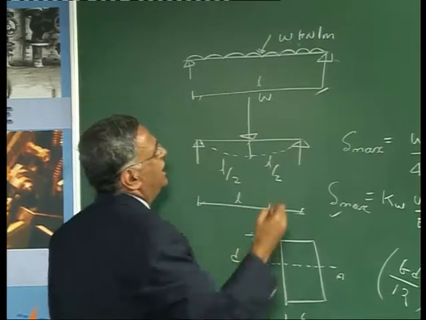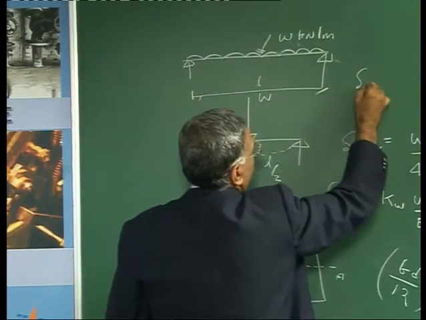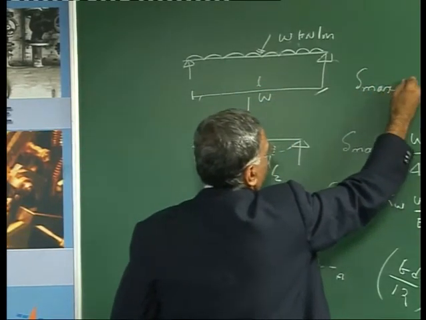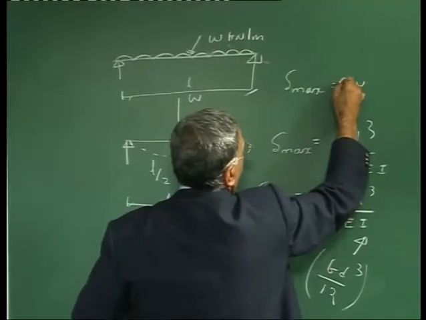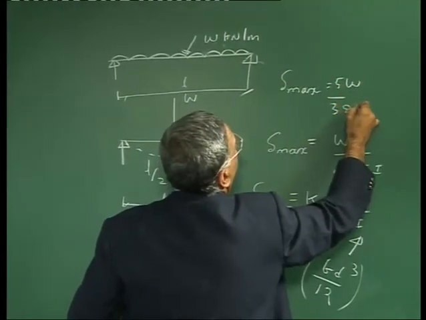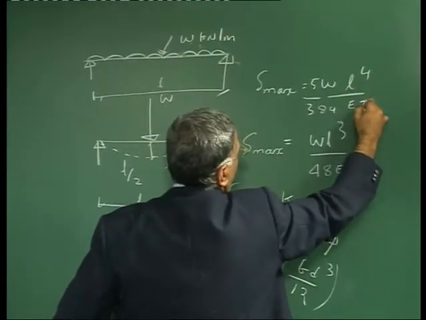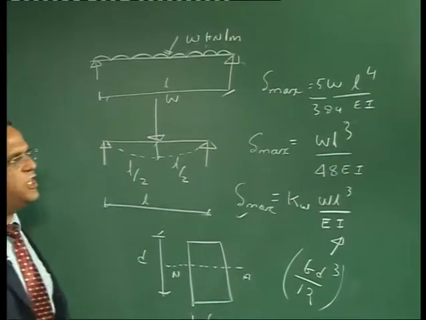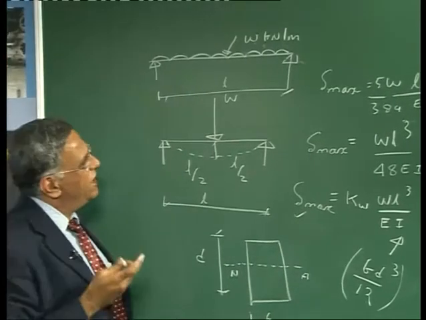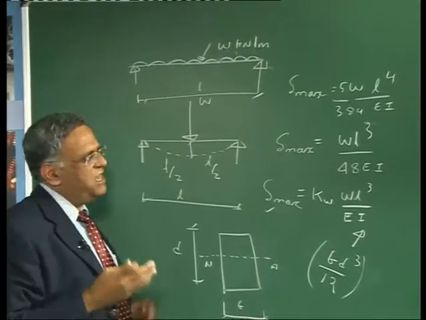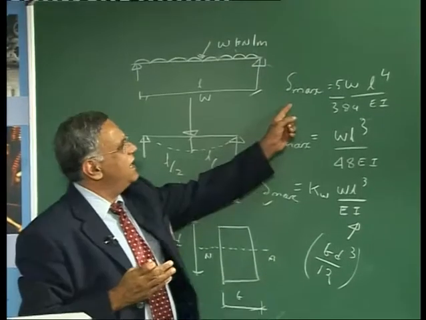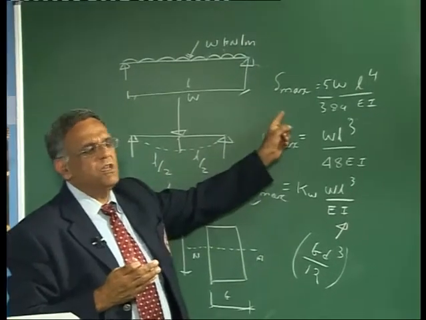You know that in this case the maximum deflection delta max is given by 5 by 384 into wL^4 divided by EI. In SP16, in the last page, if you refer, you are going to get all the standard formulae.